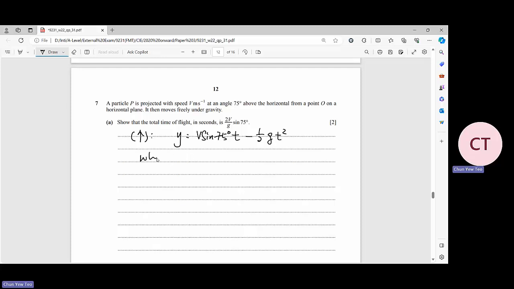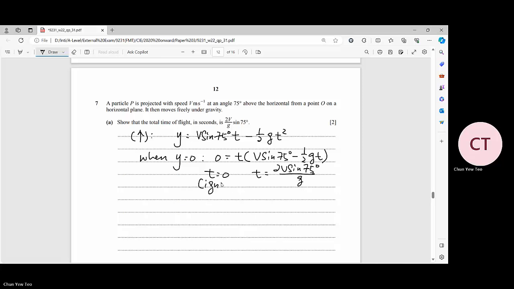So when y equals 0, then you have 0 equals t, v sine 75 degree minus the half gt. Then t is equal to 0 and t is equal to 2v sine 75 degree over g. This one we ignore. Then this one is shown.